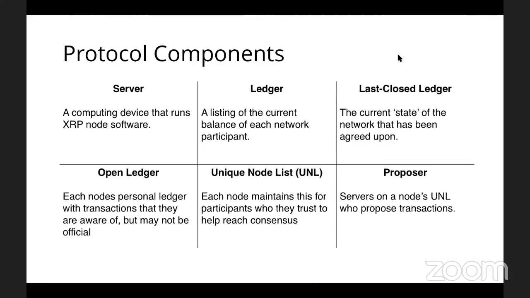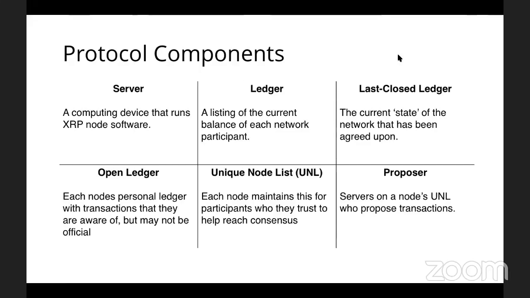And then there's this concept that's heavily relied on by the consensus algorithm called a unique node list. Each node maintains this list of participants that they rely on to help reach consensus. So it's their personal network of individuals who they're looking at to help reach consensus with. And then we have a proposer. This is a server on the unique node list who proposes the transaction.